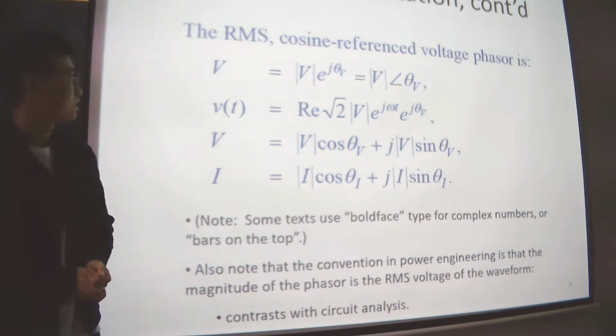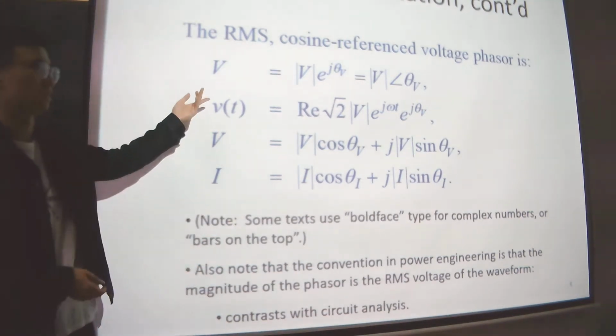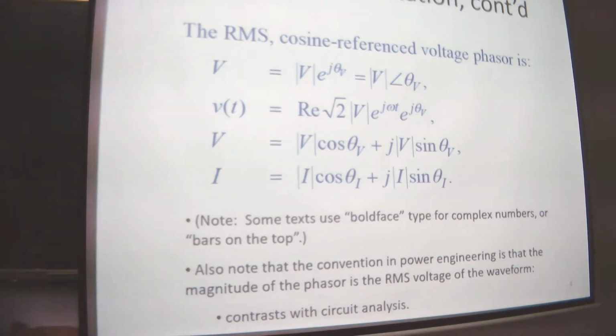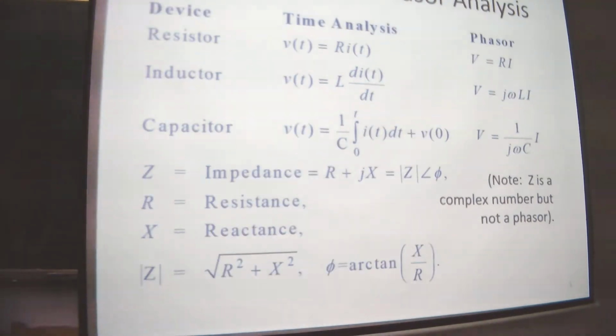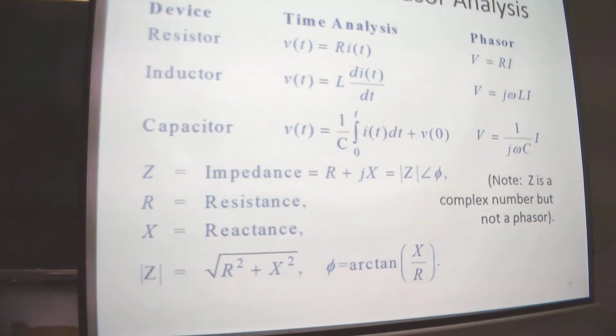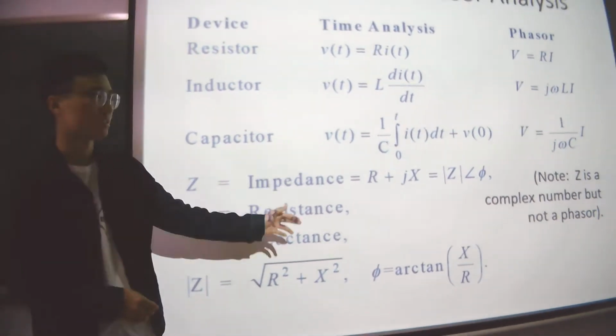So the phasor representations are 4 different forms to express some features, some characters, or some variables. In this case, we can find that the phasor representation of the variables is maybe easier to understand or analyze. So let's compare with the time representation.